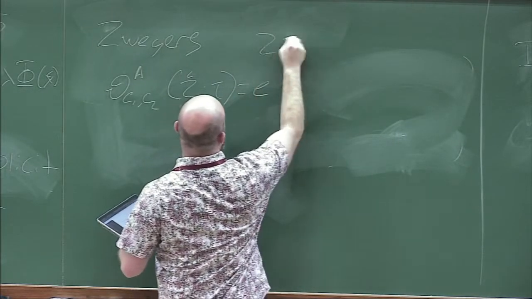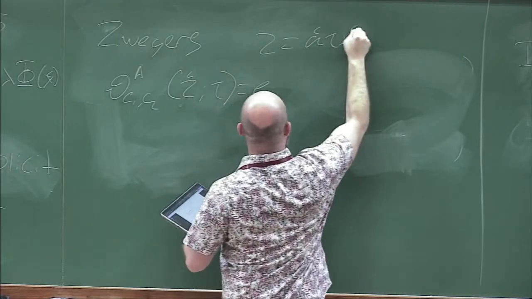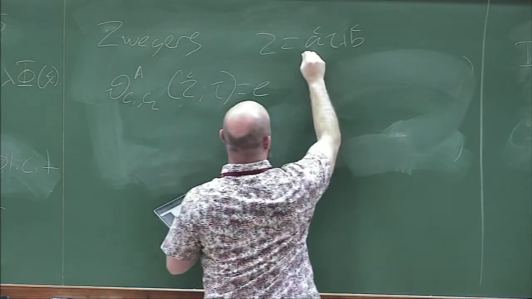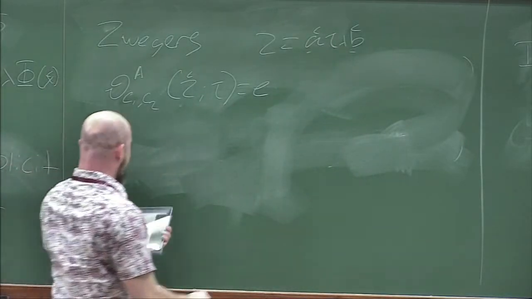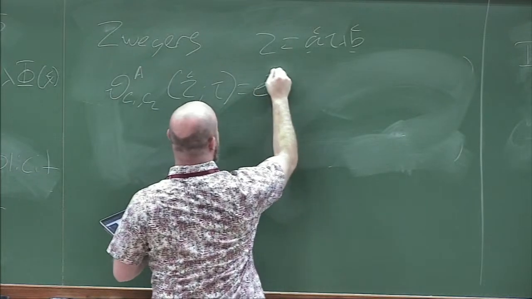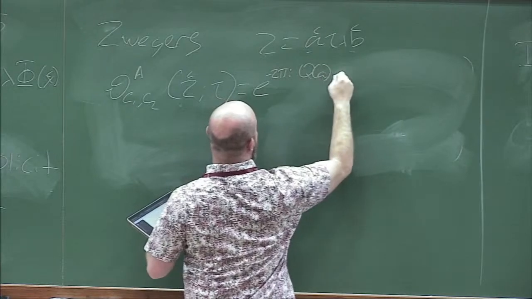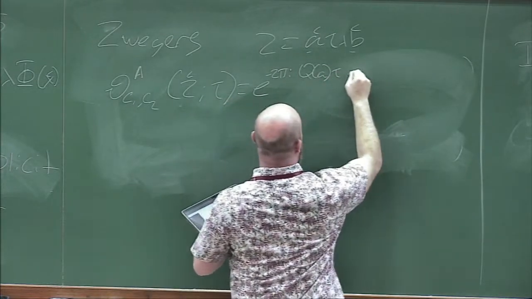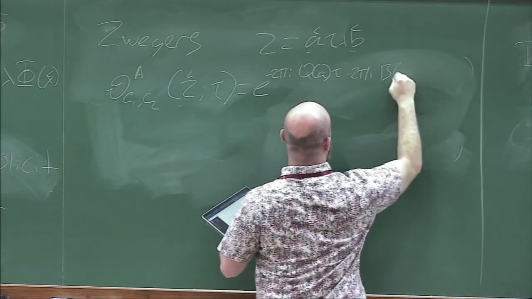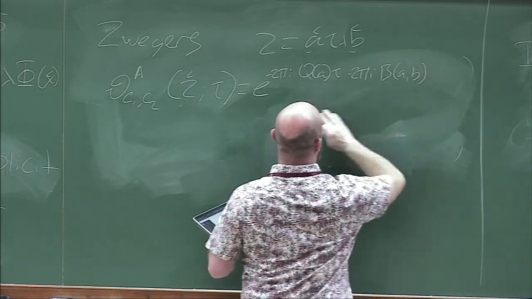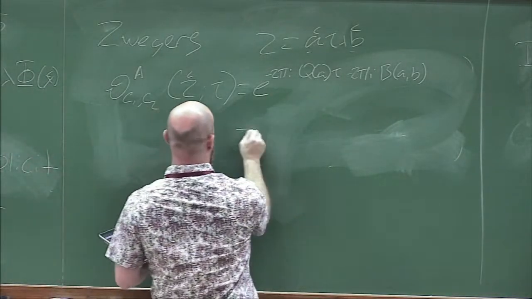So z is equal to a tau plus b, where a and b are real numbers, and as always, tau is in the upper half plane. Then we have e to the minus 2 pi i q of a tau minus 2 pi i bilinear of a and b. Again, this is just a decoration out front. Don't worry too much about it.